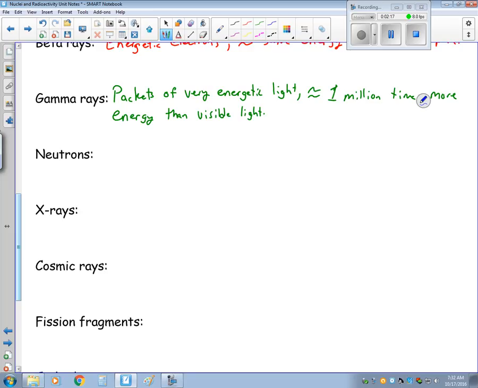Neutrons, same mass as a proton, with no electrical charge. And these are not dangerous by themselves.